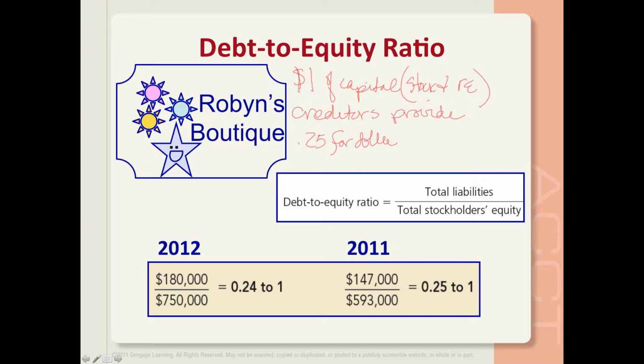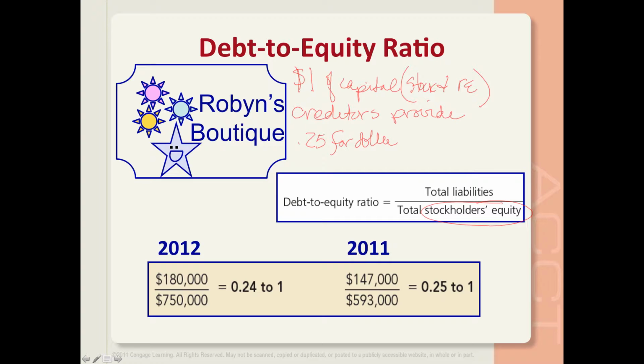In this particular case, this is a very low debt to equity ratio, below 1. This indicates for Robin a preference to raise funds through equity financing, so in other words, to sell capital stock, and avoid the higher risk of debt financing, which is going to a bank and borrowing money.